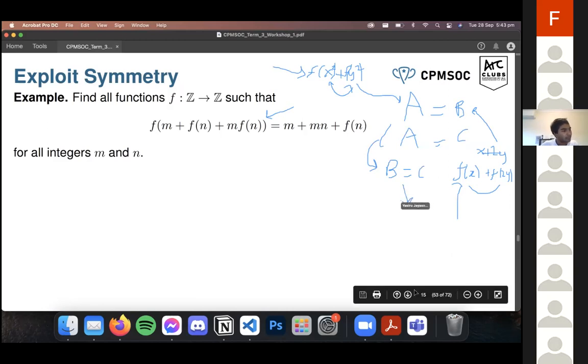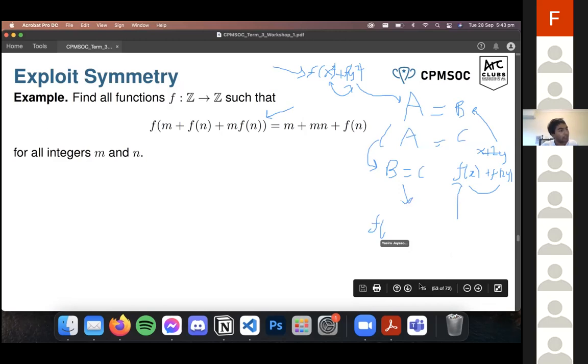So in this example, b equals c means f of x plus f of 2y is the same as f of y plus f of 2x. To get some new information just from swapping x and y, and this equation, in fact, it disappears after you use this exploiting symmetry argument.